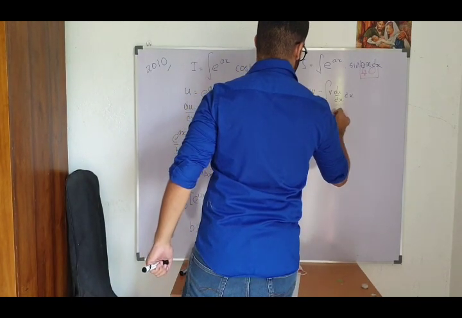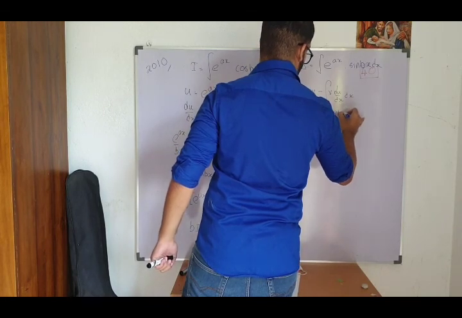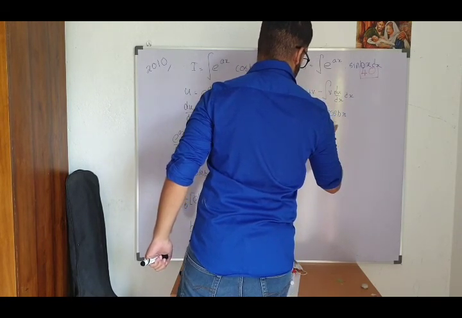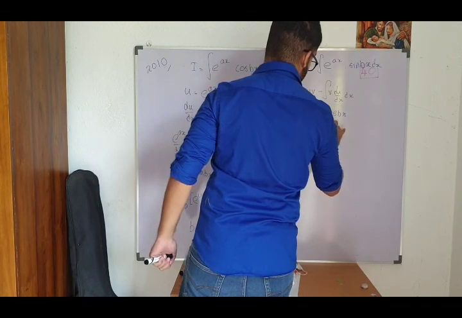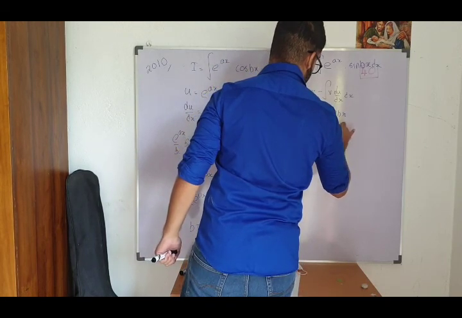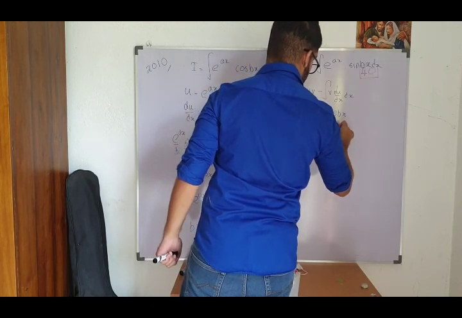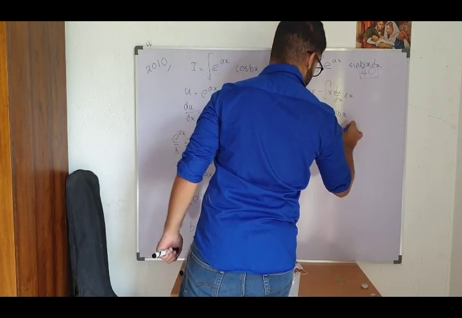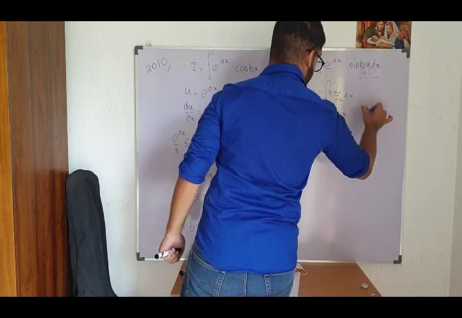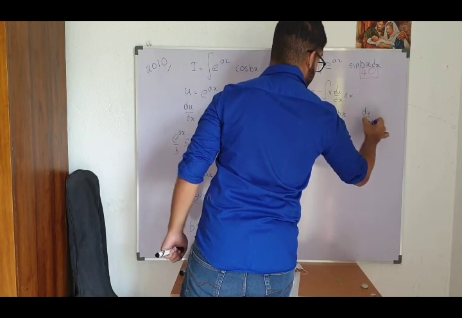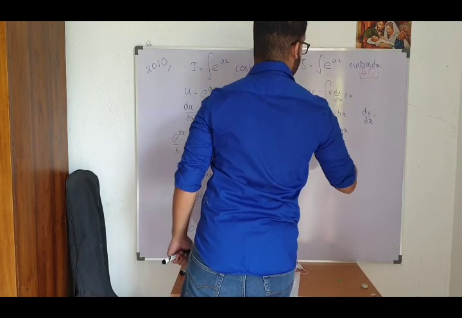So u equals cos bx, du by dx is equals to minus b sin bx, dv by dx is going to be equals to e^(ax).